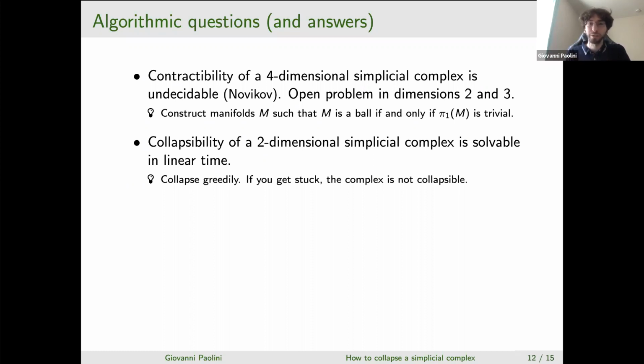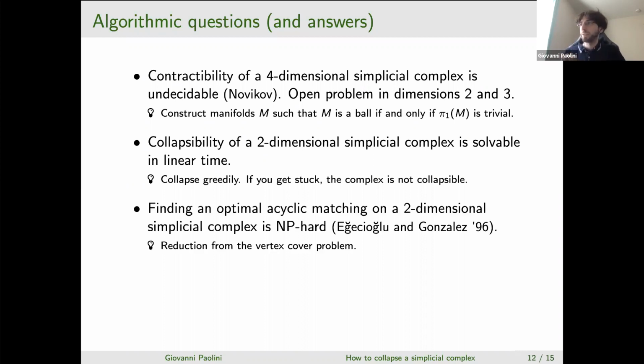So you cannot have made mistakes once you arrive at a 1-dimensional subcomplex. And on the other hand, if you only want to collapse the 2-dimensional simplices, then yes, you can always greedily use any 1-dimensional free face that you find, because 1-dimensional free faces are only good for one 2-dimensional simplex. So you better just use them. So this is the explanation.